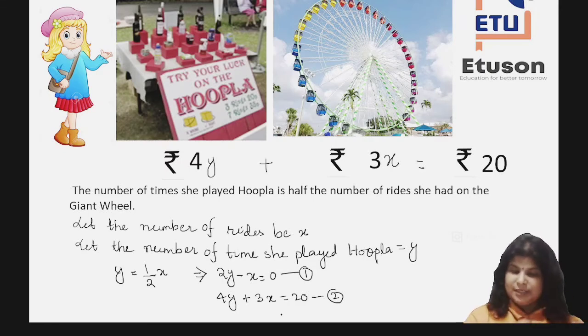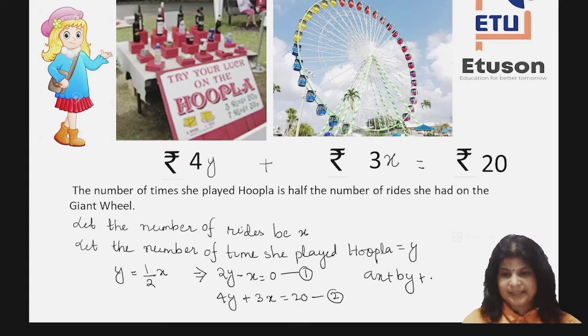If you bring it to standard form, it will be in the form ax plus by plus c is equal to 0, which is the standard form of a linear equation, where a and b are real numbers and a square plus b square is not equal to 0. So this is the standard form.